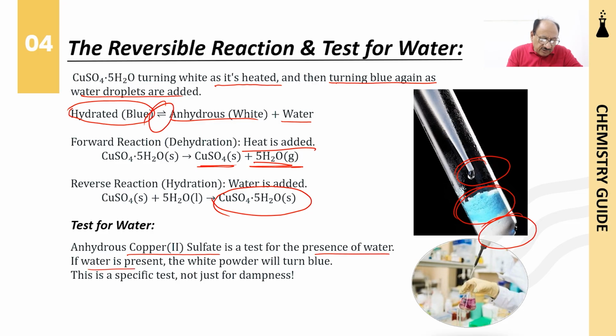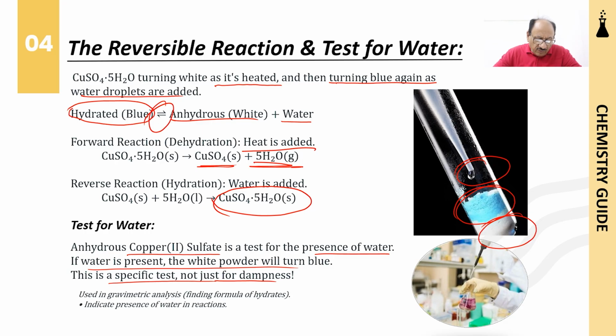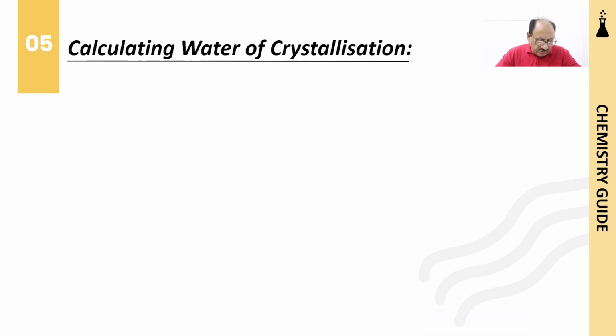If water is present, the color will change: white powder will turn blue, and this is a specific test, not just dampness. It is used in gravimetric analysis, when we find formulas for hydrates, and to indicate the presence of water in reactions. It is also important in storage and preservation of chemicals. Visual color changes are used as an indicator.